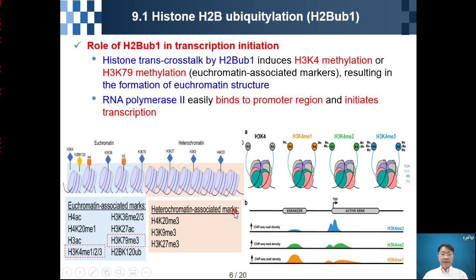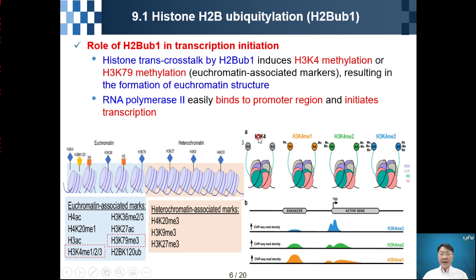The very famous heterochromatin associated marker is H3K27 methylation. In contrast to H3K27 methylation, these two methylations function as euchromatin associated markers.